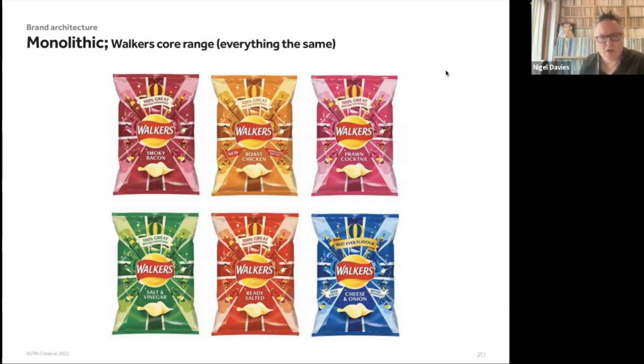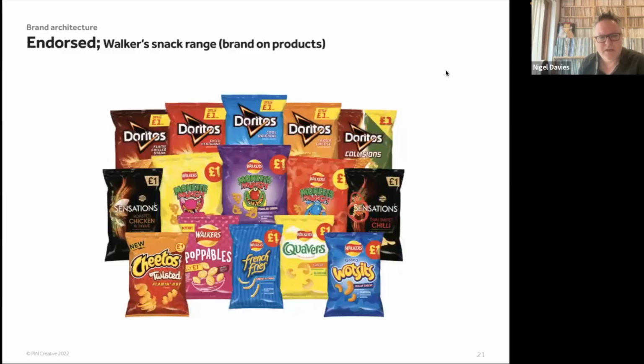Now, Walkers also own a whole bunch of other crisp brands, and they include Doritos, Monster Munch, Sensations. And what this helps them do is to use their brand, so they've still got their logo, but be able to target different audiences at different price points and create maybe a more luxury-based crisp or a more fun crisp for kids.